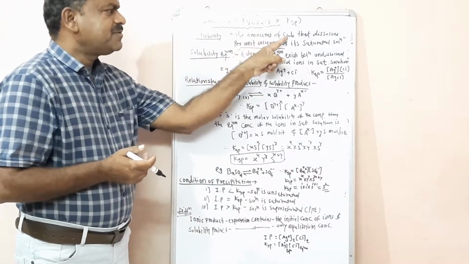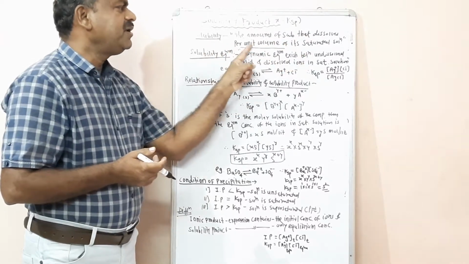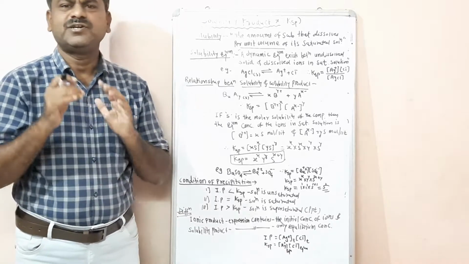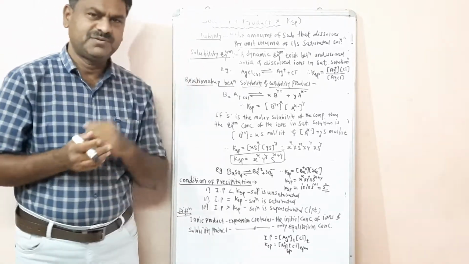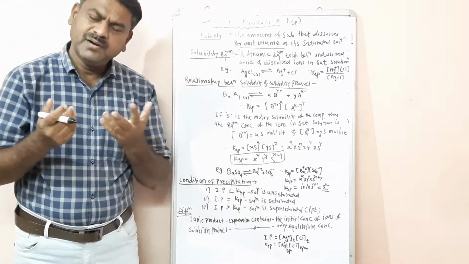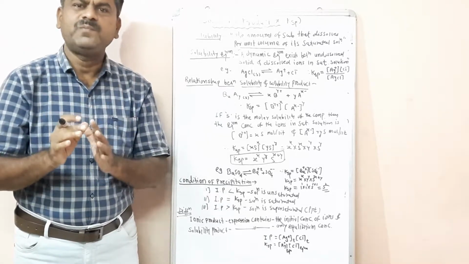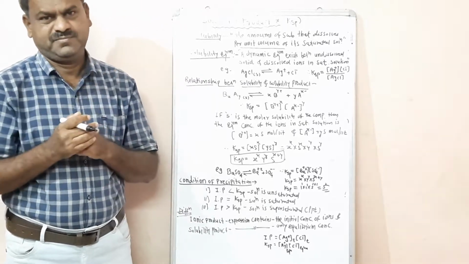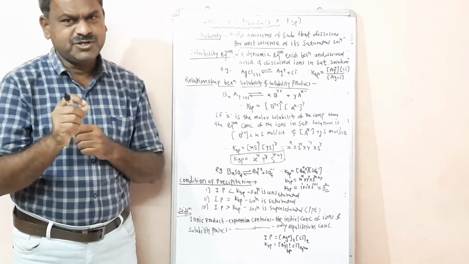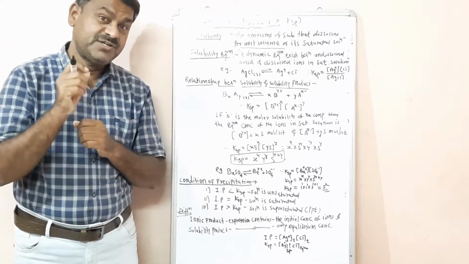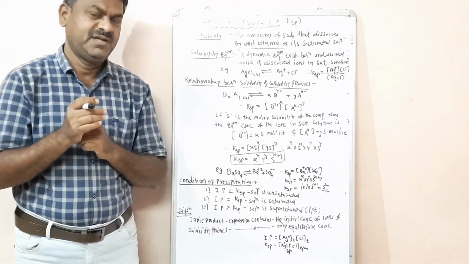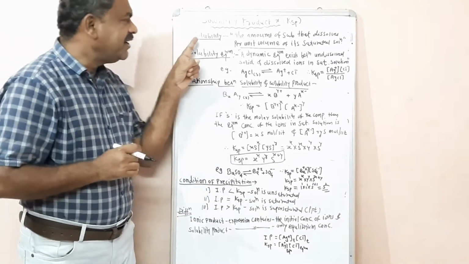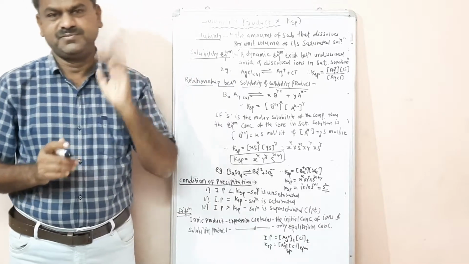The amount of substance that dissolves per unit volume of its saturated solution is known as the solubility, or the concentration of the substance dissolved in water in a saturated solution. That is also known as the solubility.